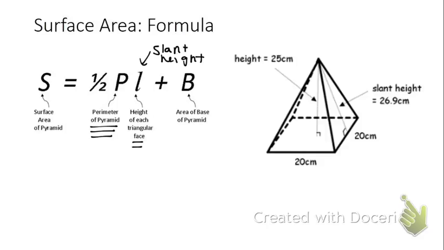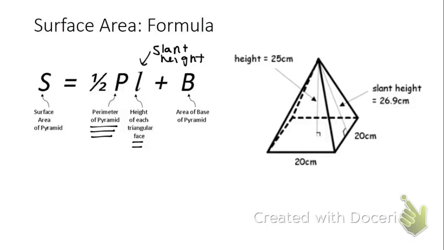If you multiply it by its slant height and multiply it by 1/2, aren't you basically multiplying it by the area of a triangle? So you're doing each one separately but together. So you're doing 20 times the slant height, times 20 times the slant height, times 20 times the slant height, times 20 times the slant height, multiplied by 1/2. That's basically taking the area and putting it all into one.